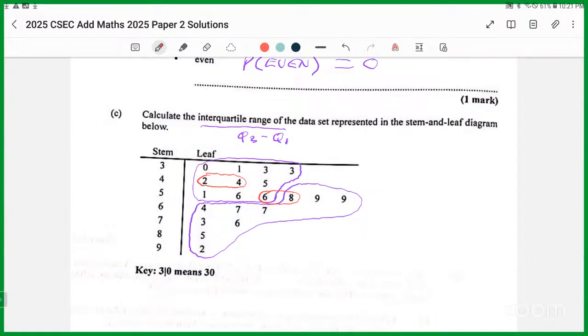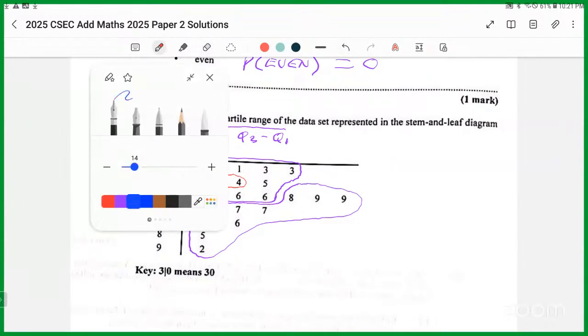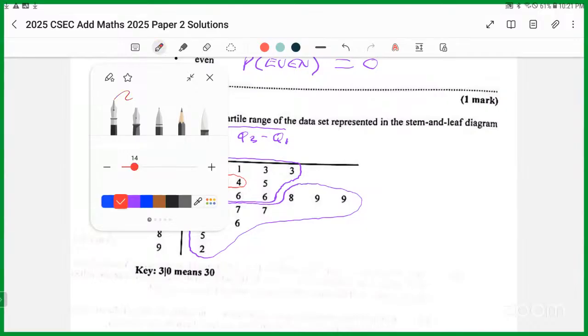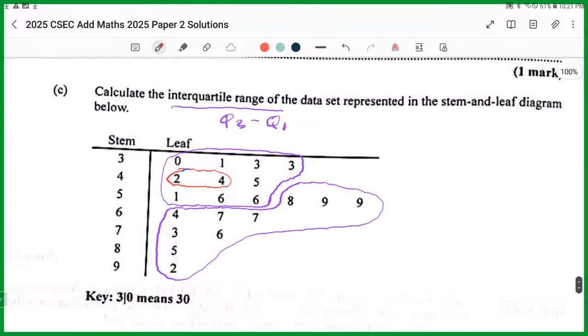You have 4 that way and 4 the other way. I'll put these in blue so we don't get confused. These two in the middle, their average gives you Q1.